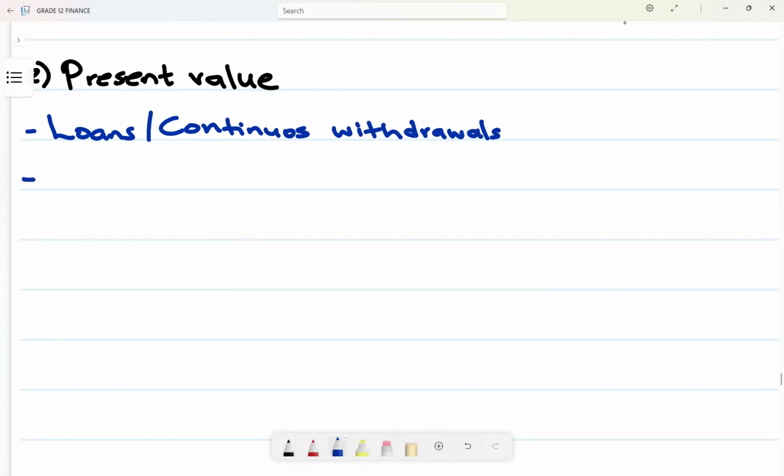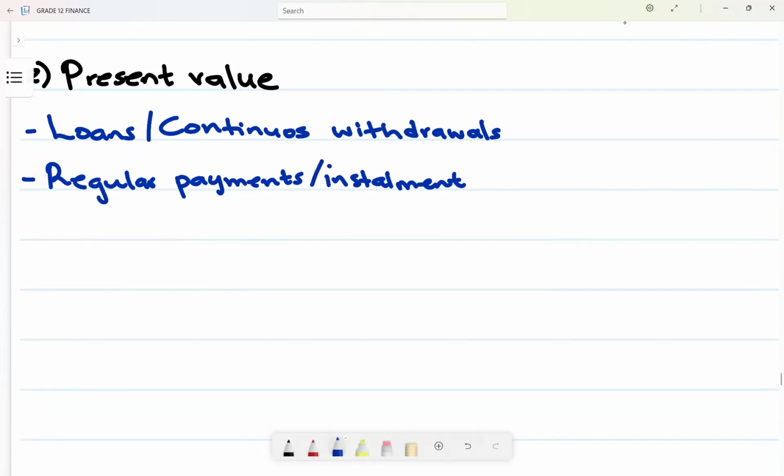And then this is the condition. It should be a loan or continuous withdrawal. Continuous withdrawal, I'll explain it. And then also here they should be regular payments or installments. Remember, an installment is when you have taken a car, you have to pay an installment of that much, or for a house, or a bond, all those.